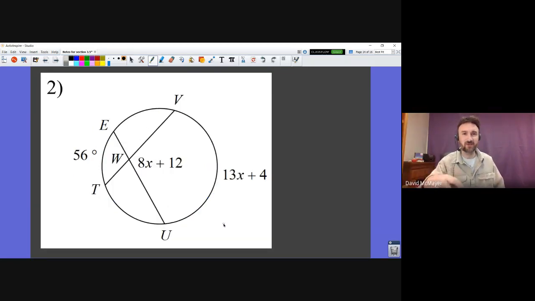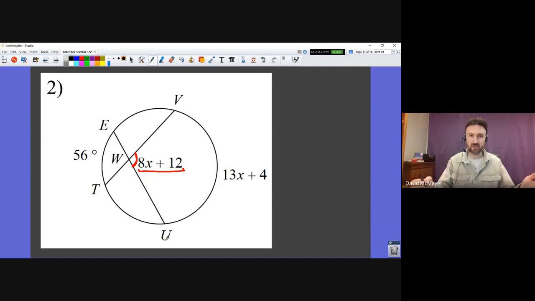So we're back now, and we're going to work on number 2. For number 2, we've got a very similar relationship here. I can see that one of the values at the intersection point, this angle measure, is written as 8x plus 12.